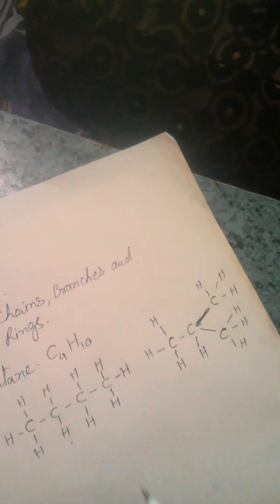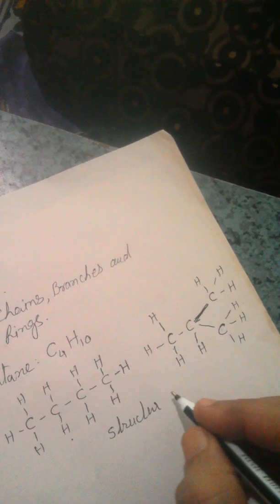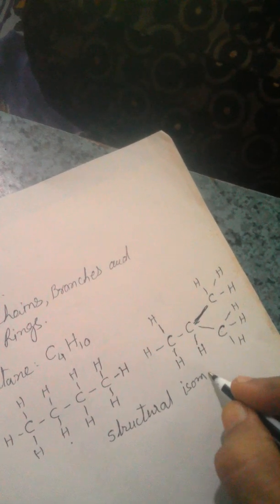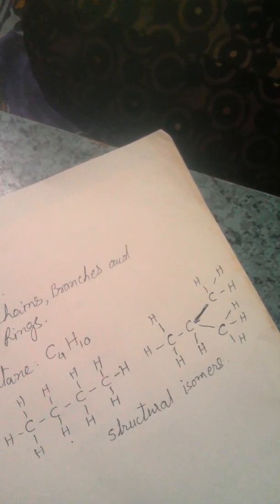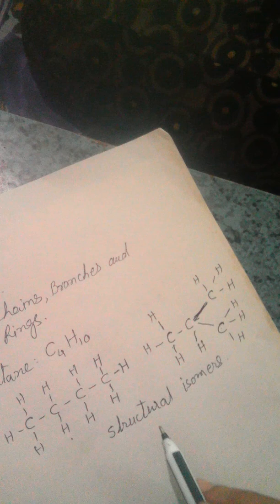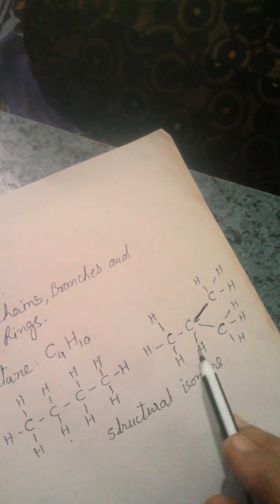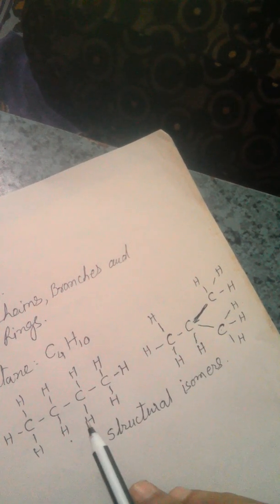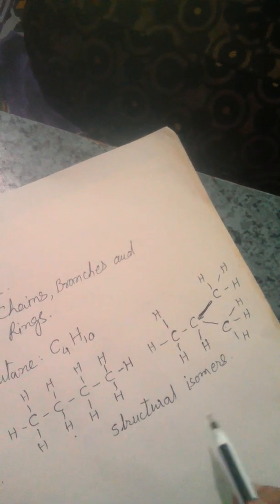So they are called structural isomers. So this is the example of a branched chain of hydrocarbon. The same you can explain for propane, pentane, hexane, etc.